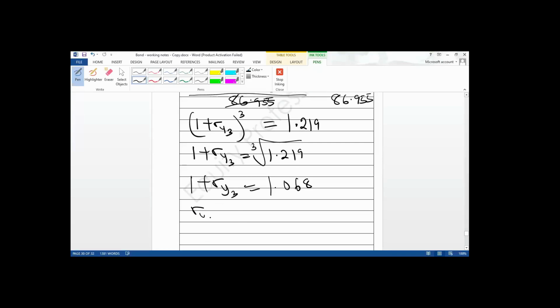R in year 3 is equal to 1.068 minus 1. That will give you 0.068. In percentage, R in year 3 is equal to 6.8%.